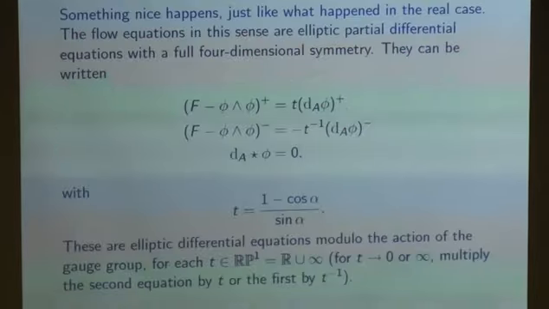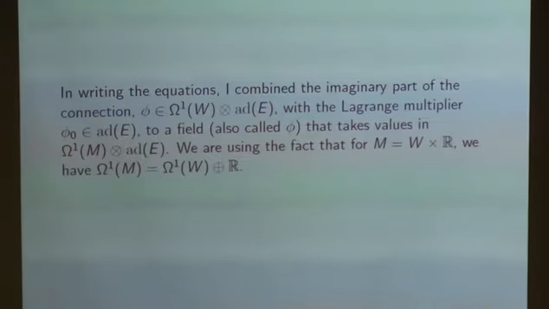Now, to write the equations with 4-dimensional symmetry, what did I do? Well, we had what started as an imaginary part of the connection. So it was a 1-form on W with values in the adjoint bundle. But there also was a Lagrange multiplier that lived in the adjoint bundle.